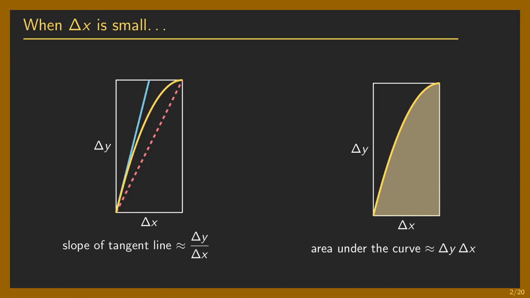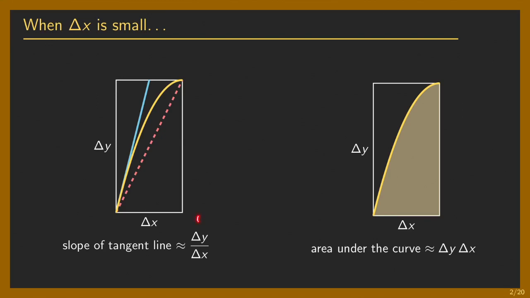Each of these operations has its own motivation and application. For example, the operation differentiation mainly is about slopes of tangent lines.